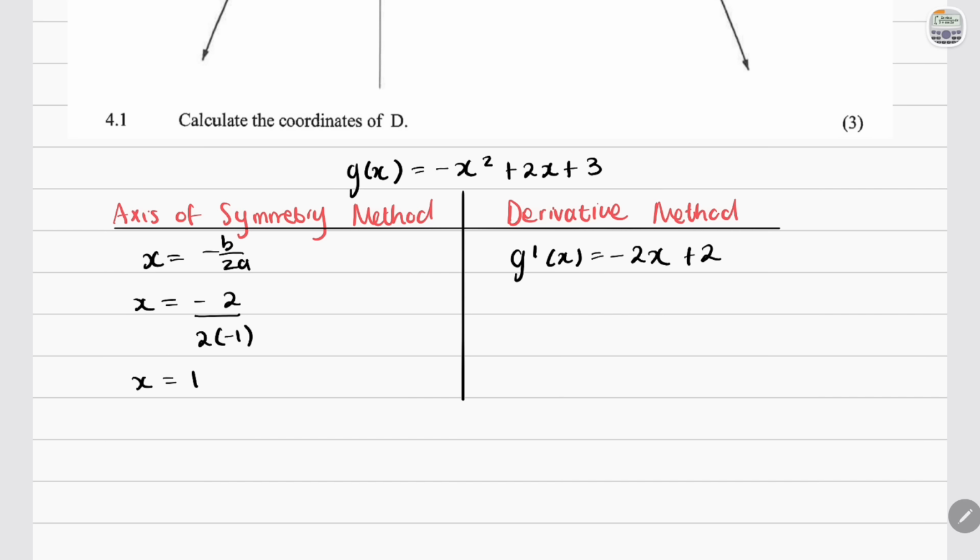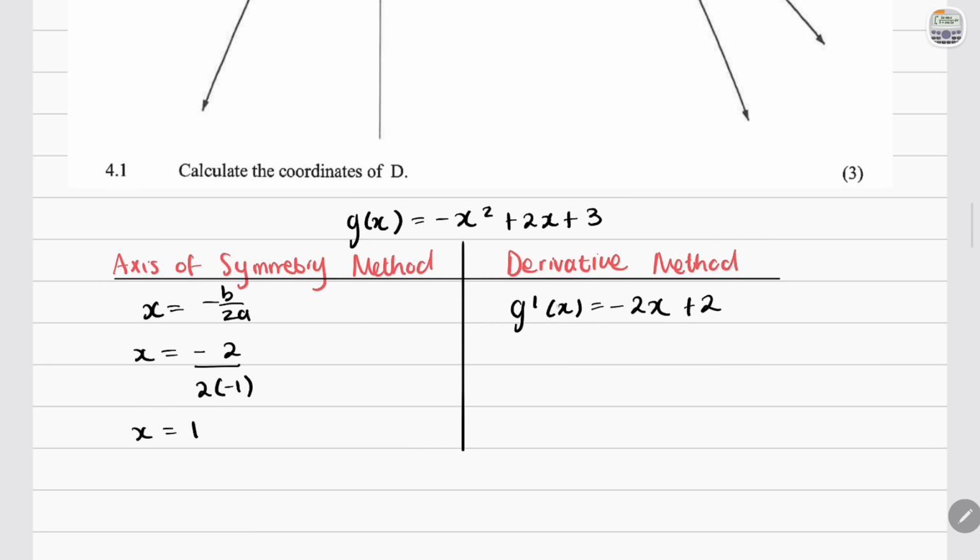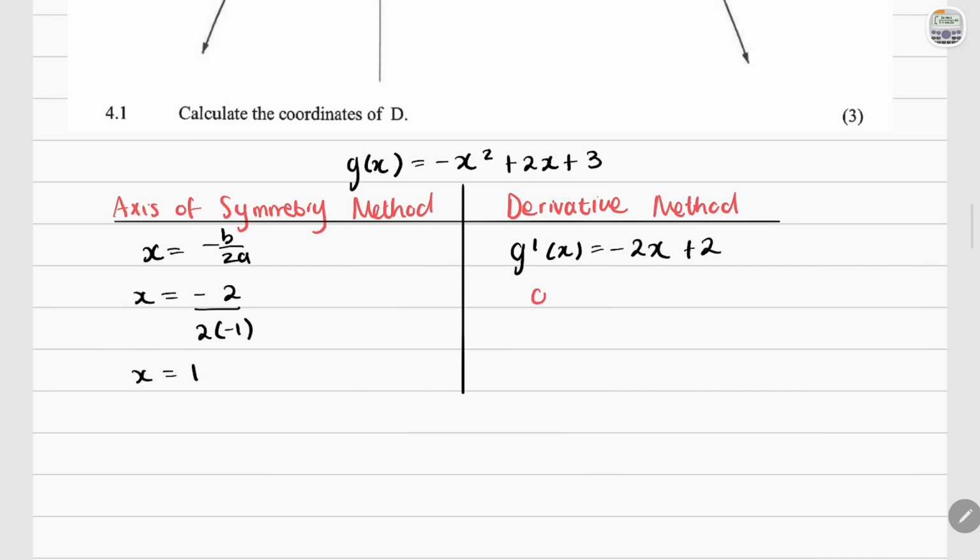You are finding the gradient of this function, and you know that the gradient at the turning point is equal to 0. If you draw a line all through, at this point over here the gradient is a positive value because the graph is increasing, and so on. So here at the turning point, this is where the gradient is equal to 0.